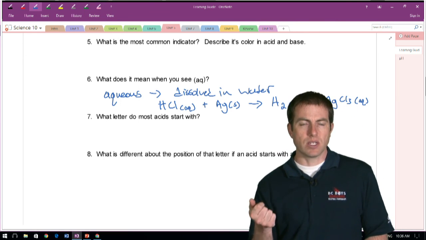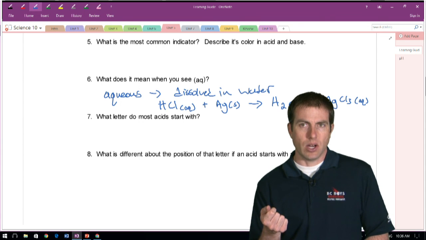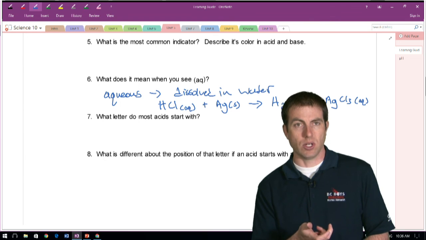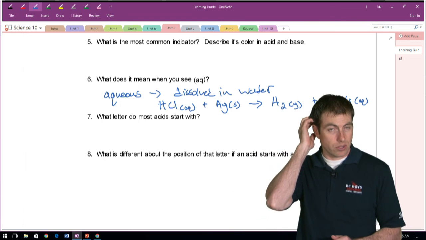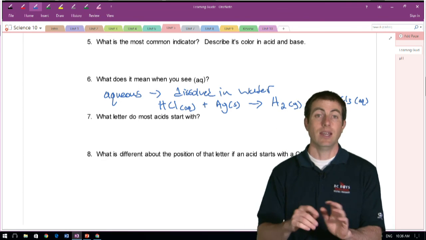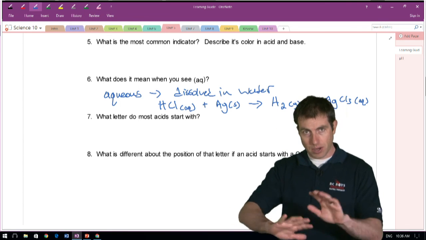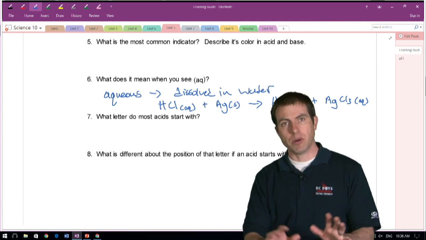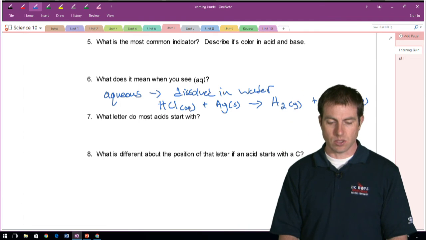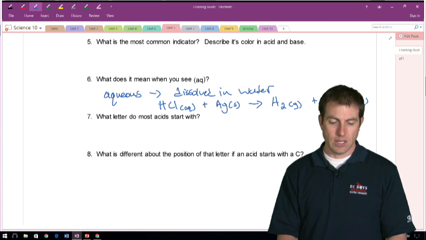But if you take something and dissolve it in water, not only do you have that chemical, so the hydrochloric acid, but it's also dissolved in water. So there's water there, but the water is not taking part in the reaction. It's just saying, hey guys, there's some water here. It's not part of the reaction itself, but know that the hydrochloric acid is dissolved in water. So that's what that means.